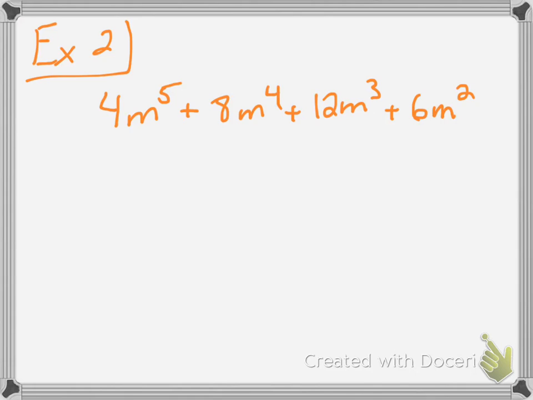Alright guys, example 2. This is more or less finding the greatest common factor. GCF, also known as GCD, greatest common divisor. I call it that just because you might have a greatest common factor of 4 between these three numbers, but 4 is not a greatest common divisor of 6.